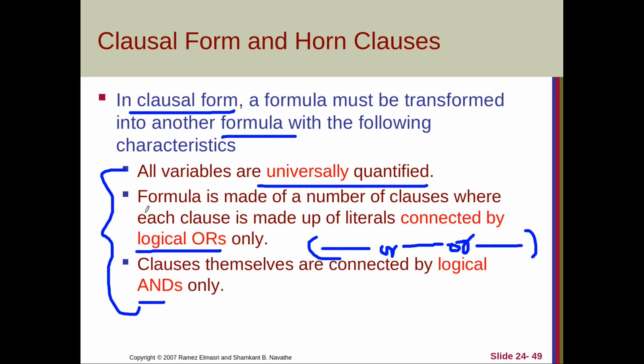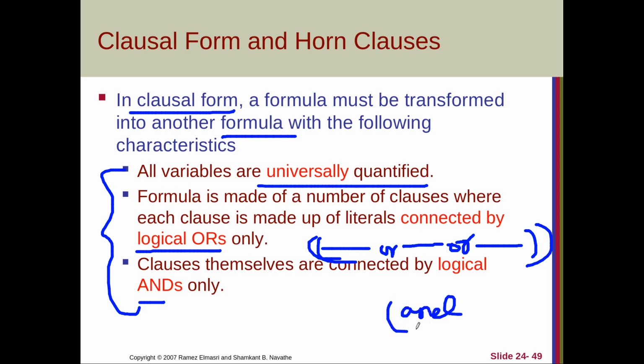So a formula is made up of a number of clauses where each clause is made up of literals connected by logical ORs only. Then these different clauses must be connected only by logical AND.